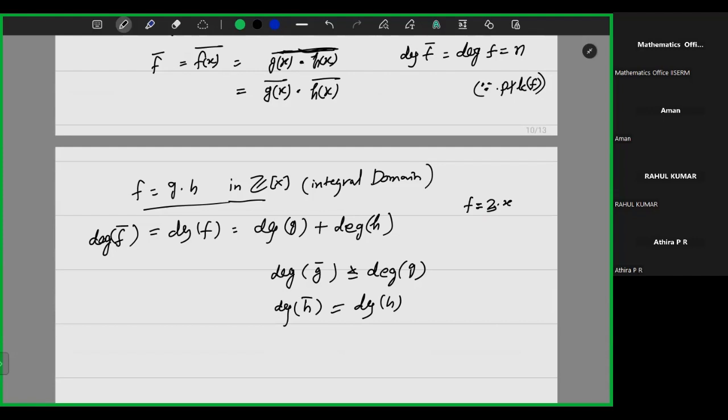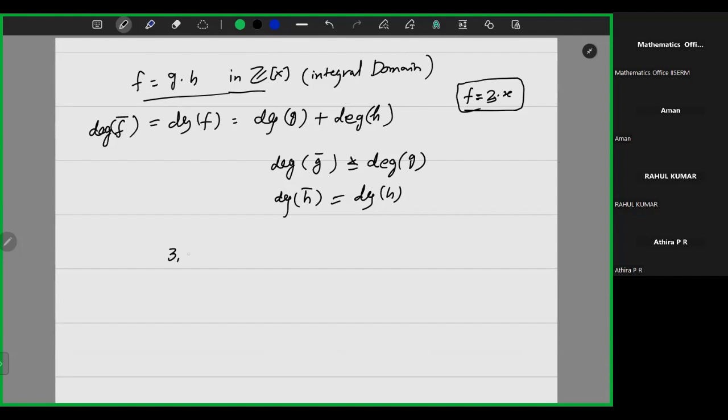There is a little bit of a mistake somewhere in this test. If you see, 3 is not a unit, and neither is X.